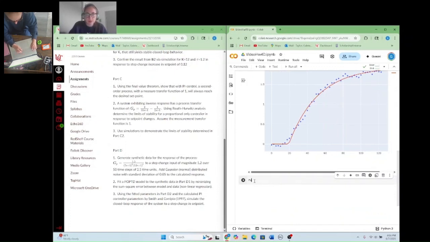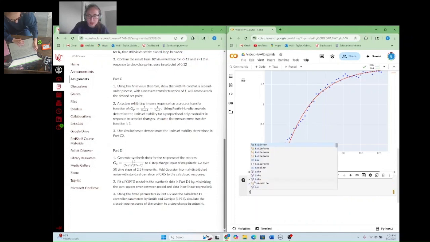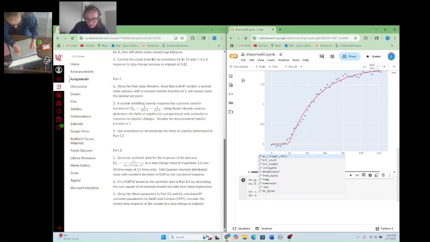So we have first PA is equal to 0.586. PB is equal to negative 0.5. Then we have IA is equal to 1.03. IB is equal to negative 0.165.